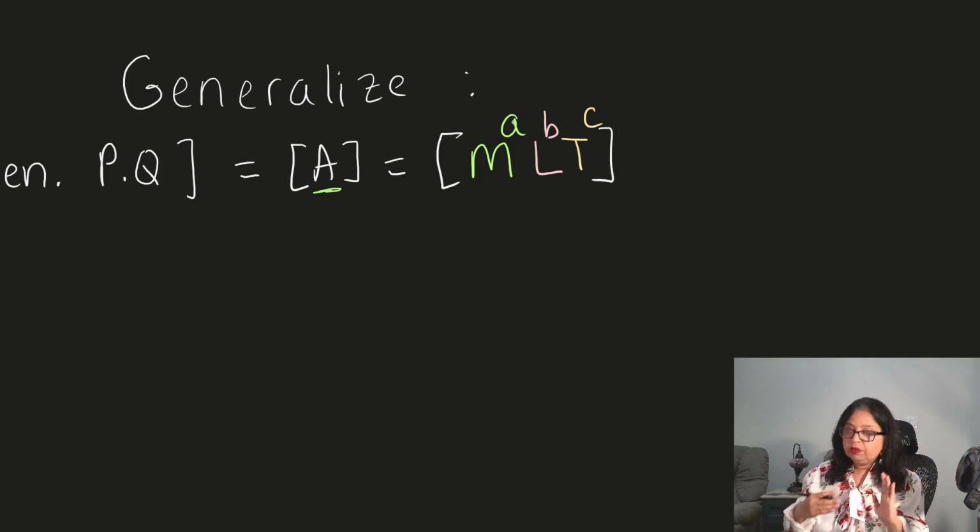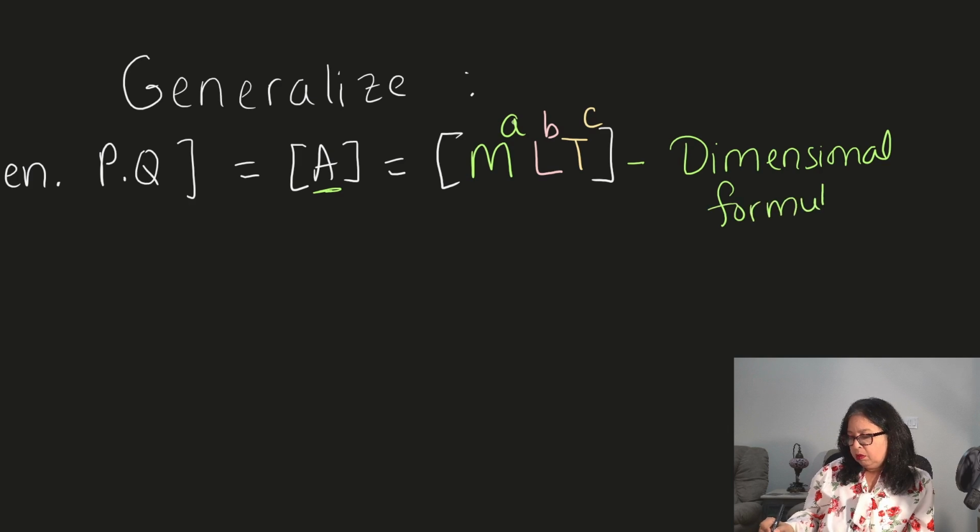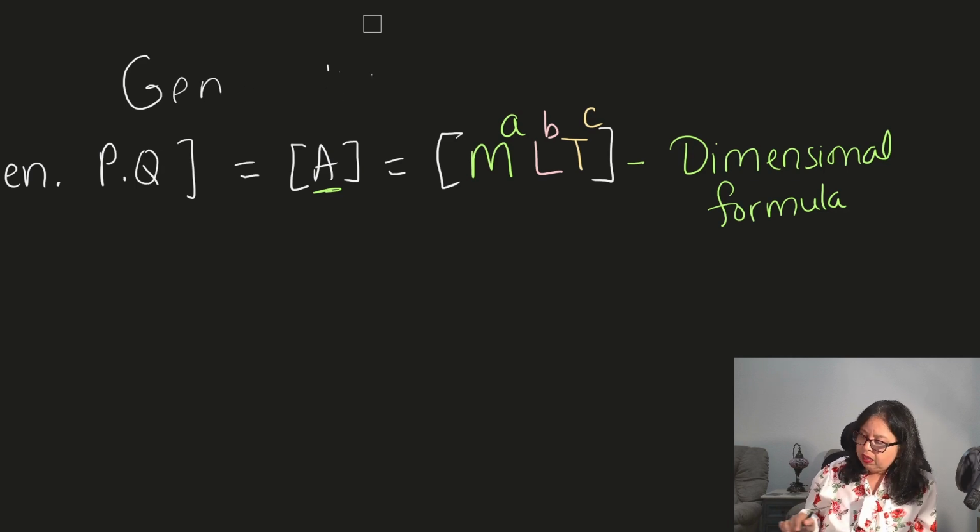You're going to see it as we move along this lecture. So this is the dimensional formula. I just do not like the way this generalized turned out to be because I wrote it and then I zoomed into it.